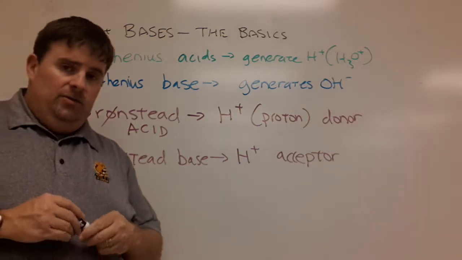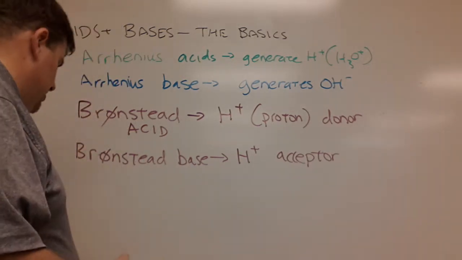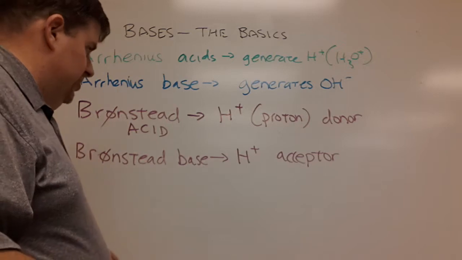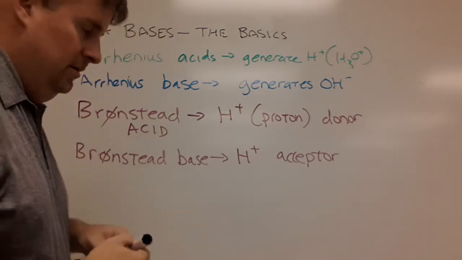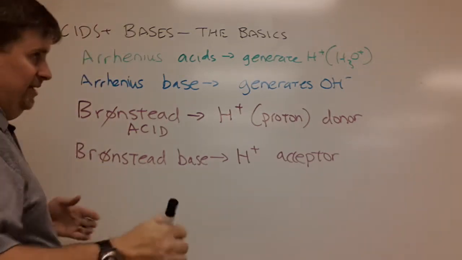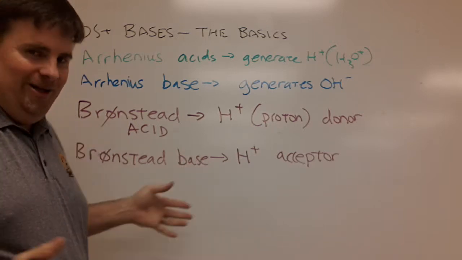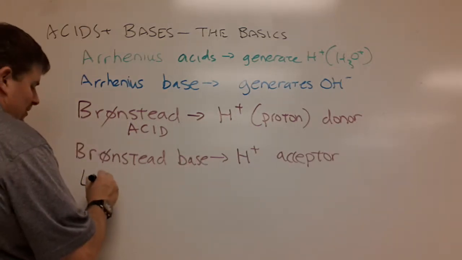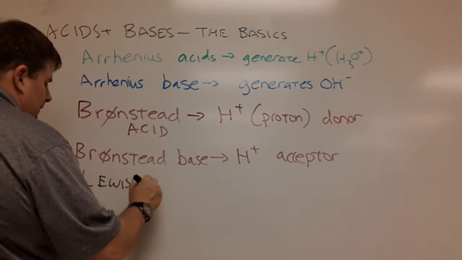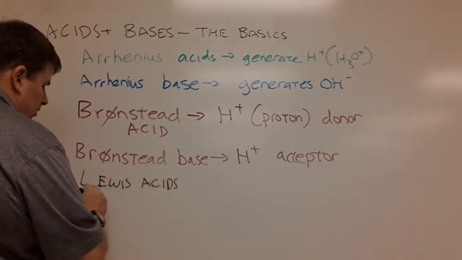Okay? There's two other definitions that we're going to use. Depending upon the text that you're using, you may or may not see this. But I love them because I'm an organic chemist, I mentioned at the beginning of the video. So I feel obligated to mention Lewis acids and Lewis bases.